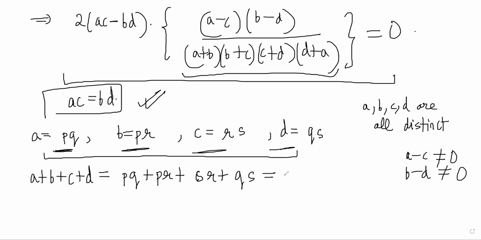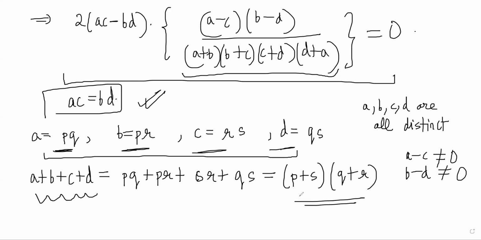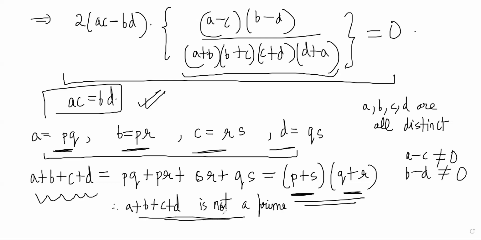So this can factorize as P plus S times Q plus R. So A plus B plus C plus D is coming out to be product of P plus S and Q plus R. Therefore, A plus B plus C plus D is not a prime, because it can be written as the product of two integers which are not equal to 1. So that's how basically we finished the problem.